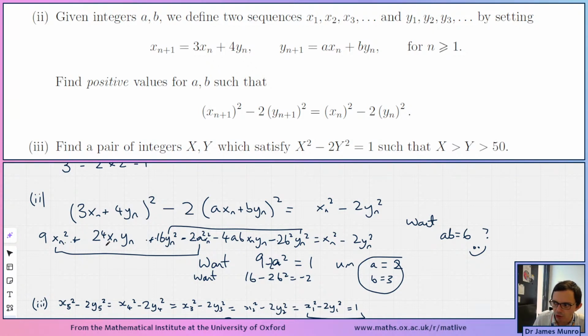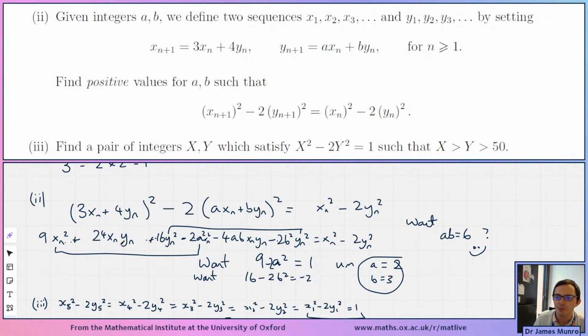It's really a horrible mess, and the question says I'm supposed to get xn squared minus 2yn squared. So I'm comparing the mess on the left, with 9 xn squareds and minus 2 times a squared xn squareds, with the right, where there's just one lot of xn squared. So I have equations like 9 minus 2a squared should be 1.